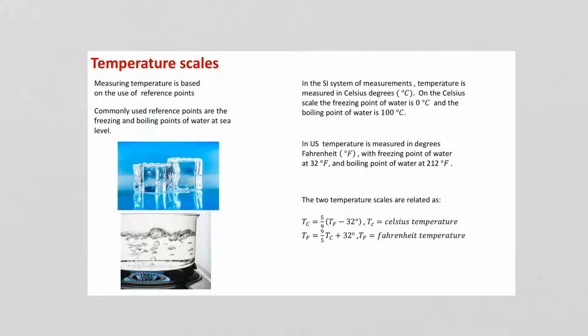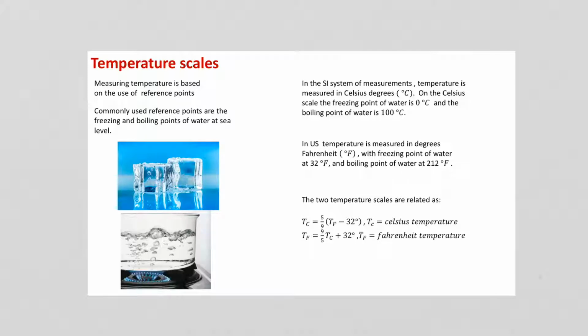Both are based on two characteristic temperature points of the most common substance on Earth, which is water. Both of those scales are based on the freezing point of water, which is 0 degrees Celsius or 32 Fahrenheit, and the boiling point of water, which is 100 degrees Celsius or 212 degrees Fahrenheit.